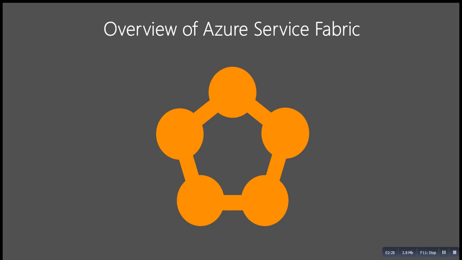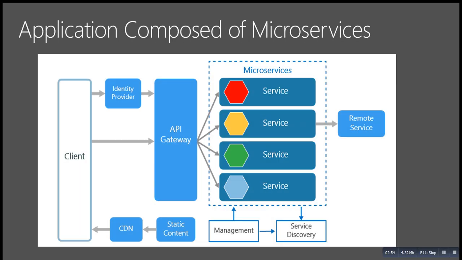So Service Fabric represents the next generation platform for building and managing these enterprise class, tier one, cloud scale applications that run in containers. So these are the key usages of Azure Service Fabric. Application composed of microservices.